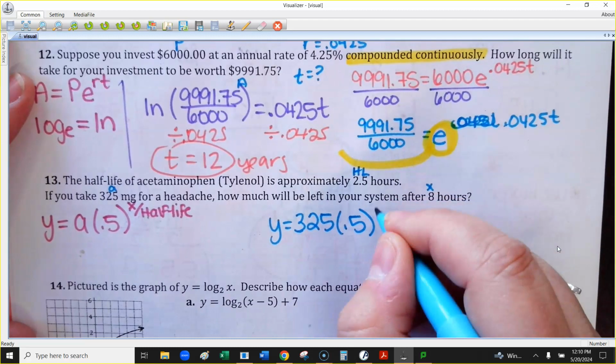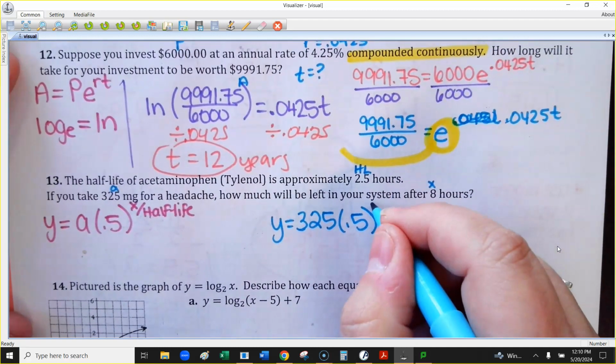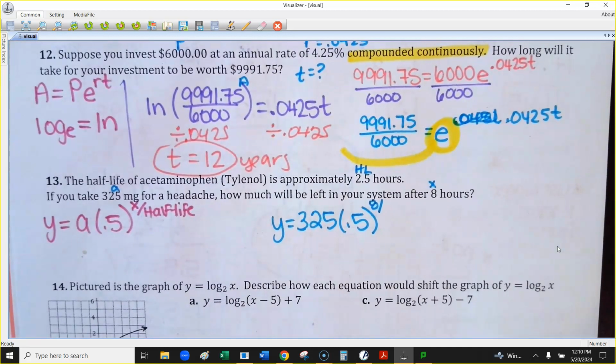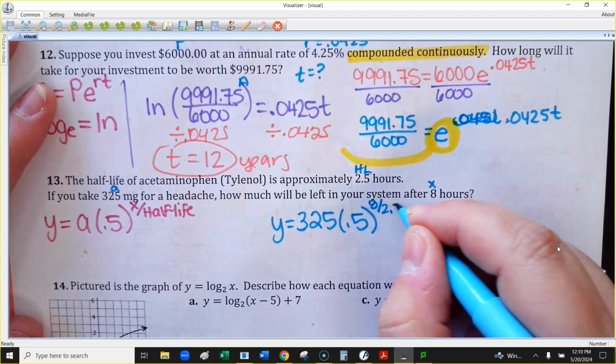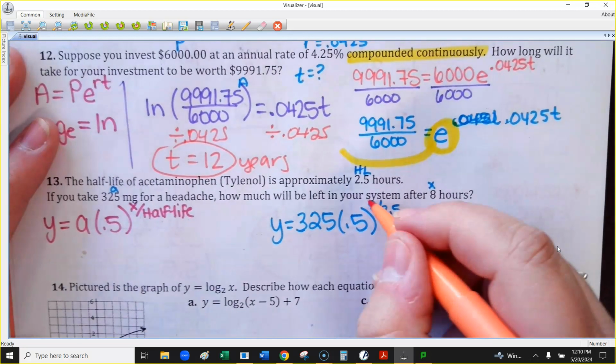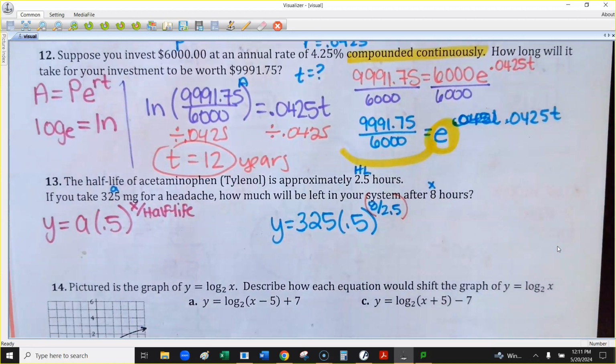So the general form would be x over the half-life. To actually do this problem, I want to know how much is left in my system after 8 hours. So the 8 goes on the top, and the half-life goes on the bottom. The only thing I would tell you here, kind of just like the last question, is I would put parentheses around that exponent, or I would figure out what that is.